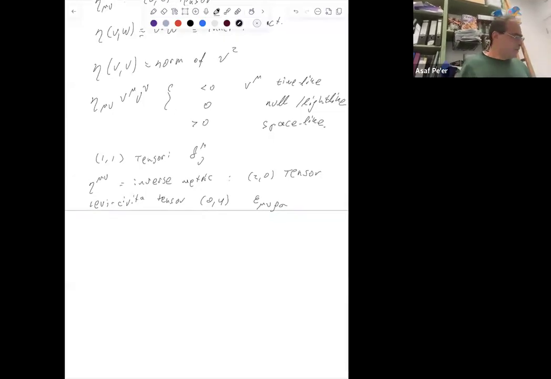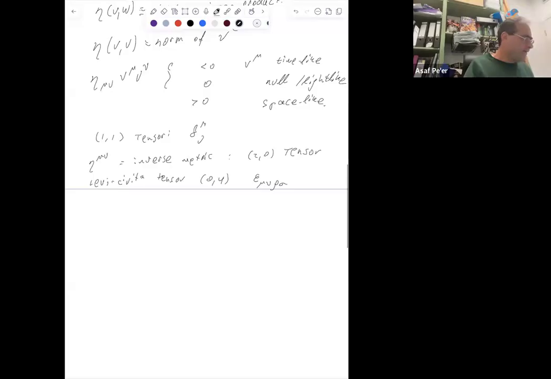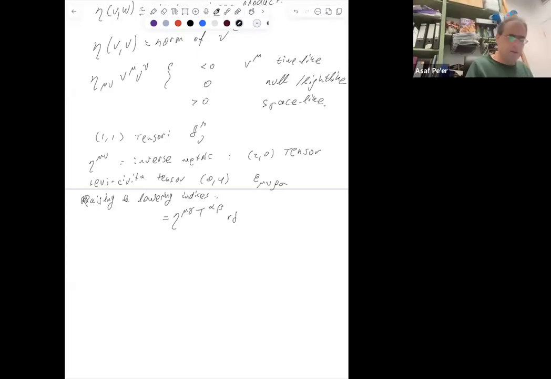Then we spoke a little bit about manipulating tensors. We said I can use the metric and the inverse metric. These are the only tensors I can use to raise and lower indices. So if I have T alpha beta gamma delta and I multiply by eta mu gamma, then I just take the gamma and raise it.